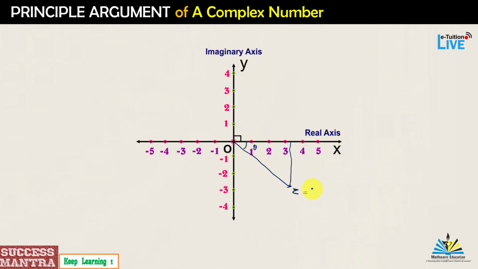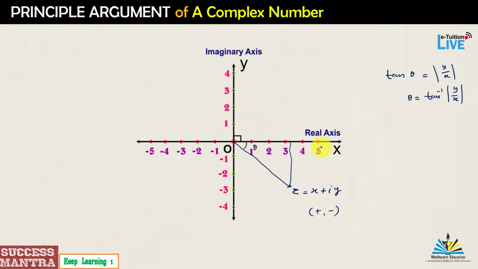Z is equal to x plus iota y, and you can see that x is positive and y is negative. So tan theta can be written as mod of y upon x. So theta is equal to tan inverse mod y upon x.